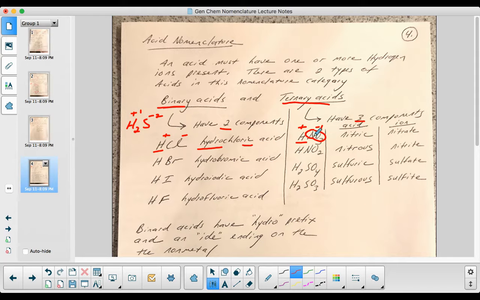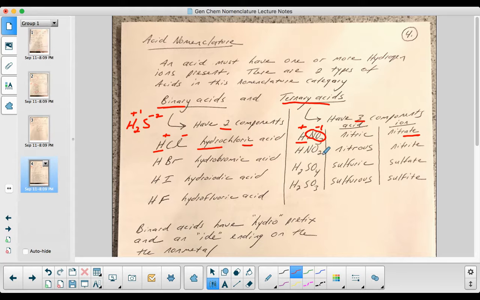And so when you have a polyatomic ion, you're going to name according to the ending of the polyatomic ion. So this polyatomic ion is the nitrate ion. And when that pairs up with a hydrogen, it becomes the ic acid. So it becomes nitric acid.